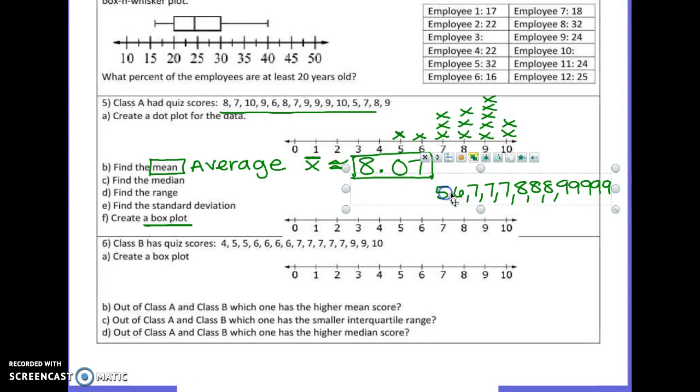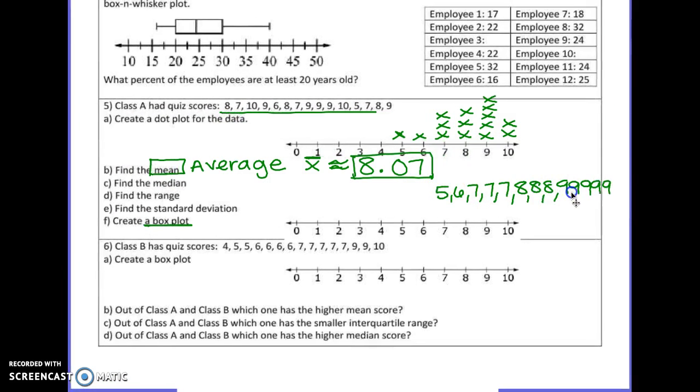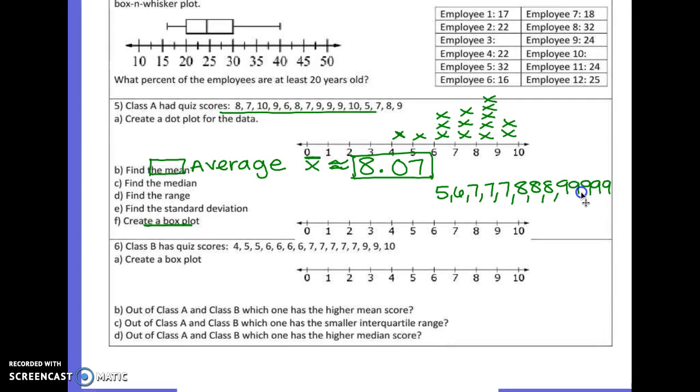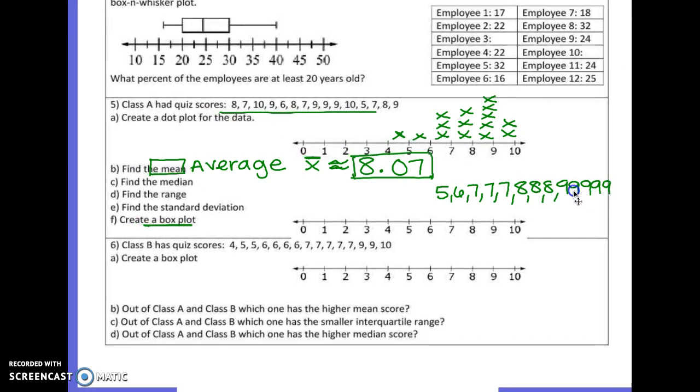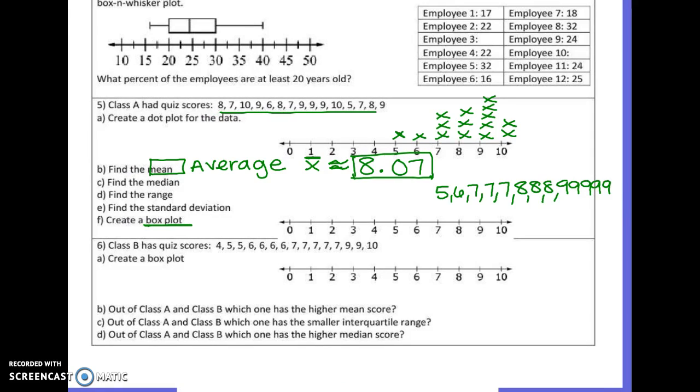Okay, so 10 and 10. If I find the middle here, or again, you can do this on your calculator, the middle number is going to be 8.